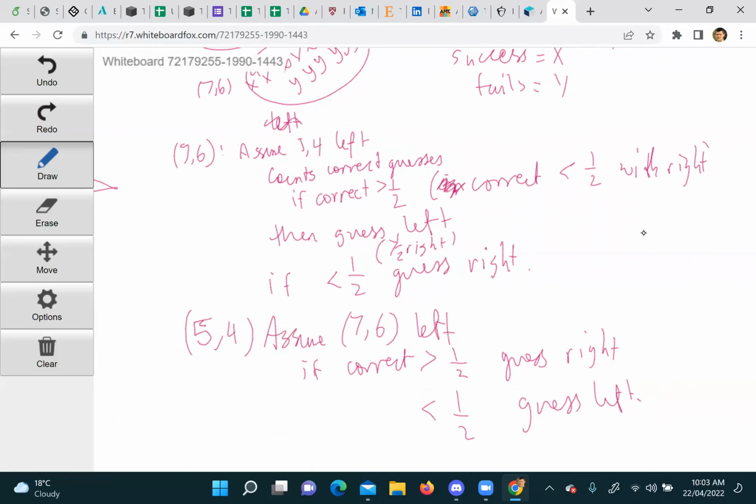Because in that case, if they're doing good with right, then when they guess left, it doesn't matter what happens because you'll already be doing good with left, right? And when they guess right, and you're not doing good with left, right?